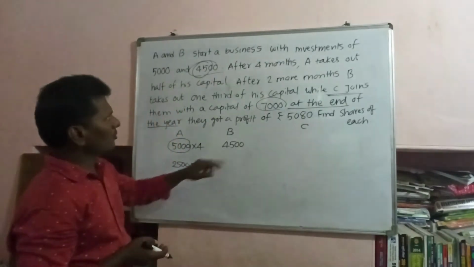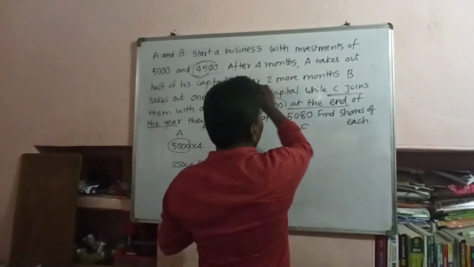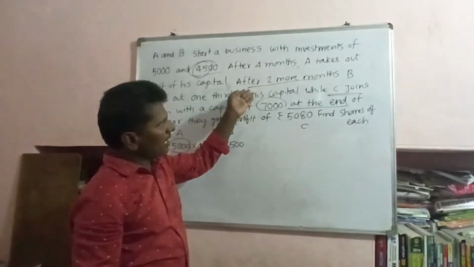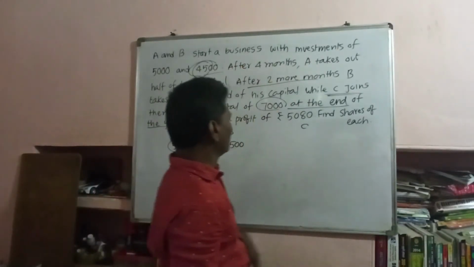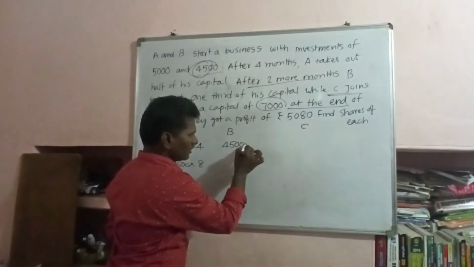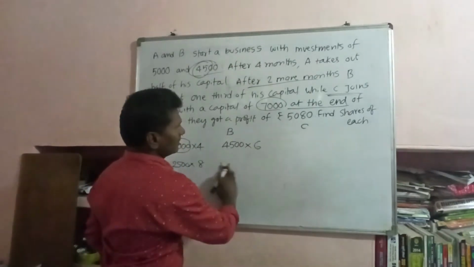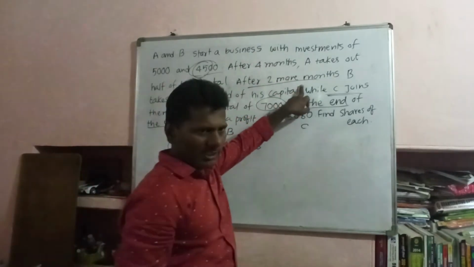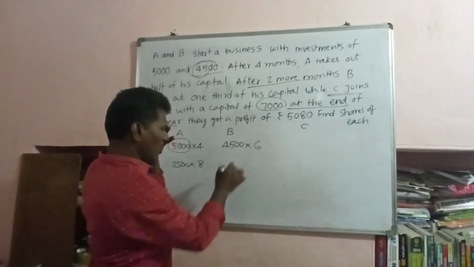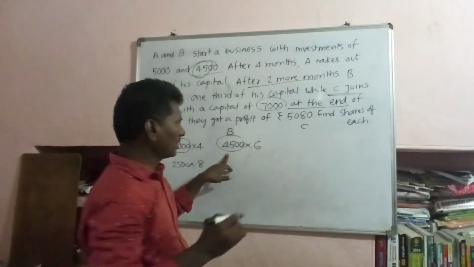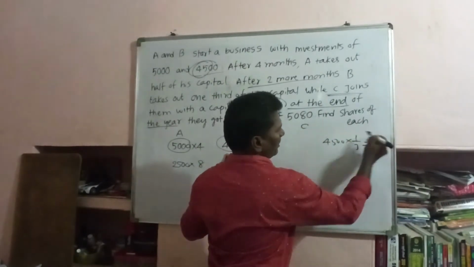Next B. B's investment was 4,500. Already 4 months are over, again after 2 more months, this money was in the business for 6 months. After 6 months B takes out 1/3 of his capital. Out of this 4,500, 1/3 means it is 1,500.